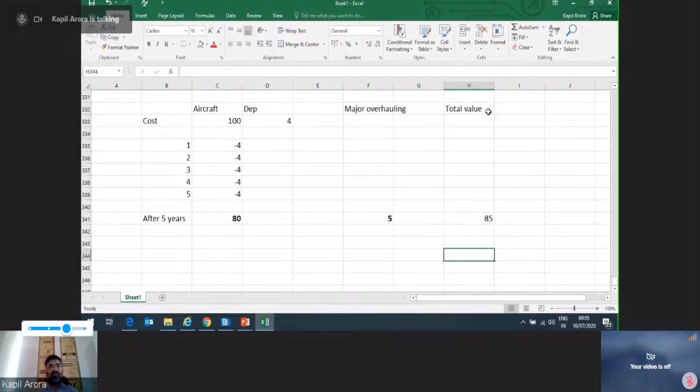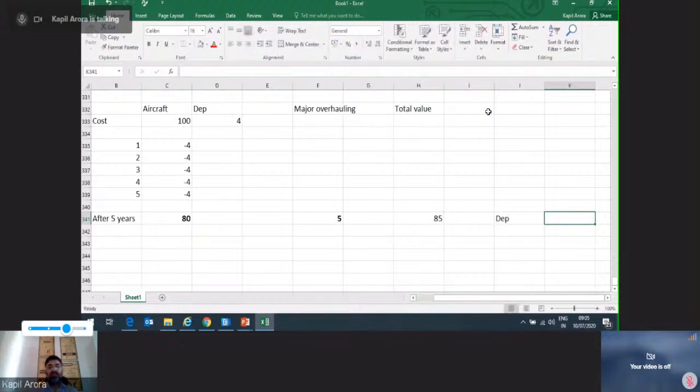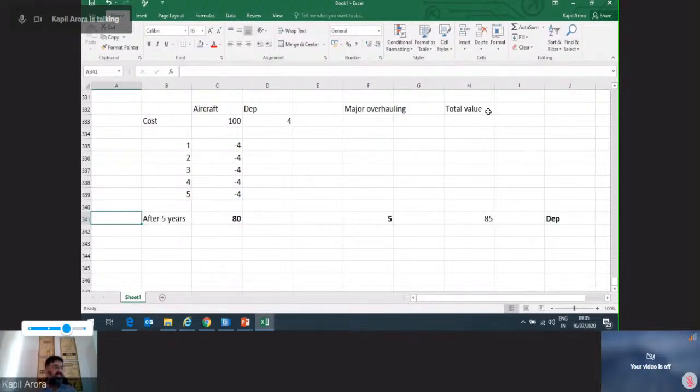But what would be the depreciation next year? Can anyone think about what should be the depreciation next year? What is the remaining useful life, and how much depreciation should I charge for my aircraft?